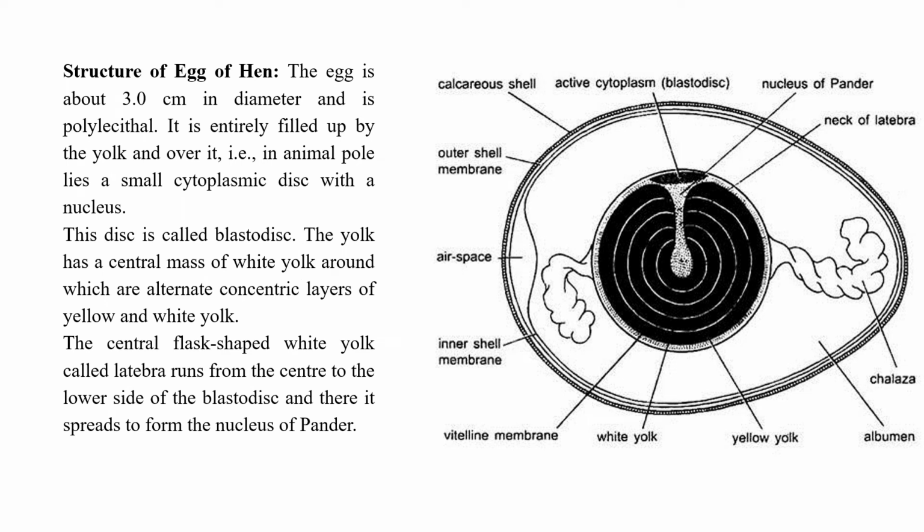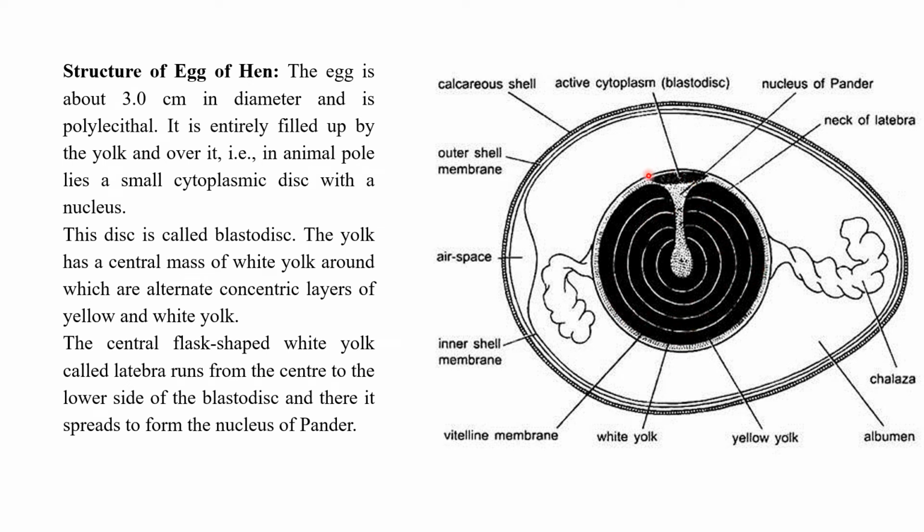So after the study of the spermatozoa of the fowl, let us move on to the study of structure of hen's egg. The hen's egg is about 3 centimeters in diameter and is polylecithal in nature. Polylecithal means it is composed of a huge amount of yolk, as you can see here.